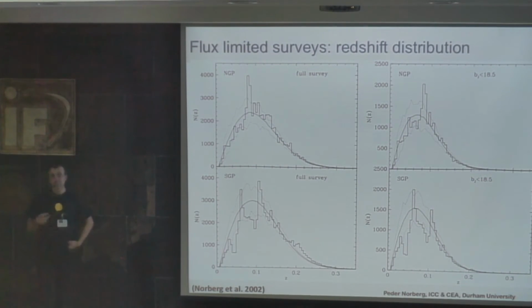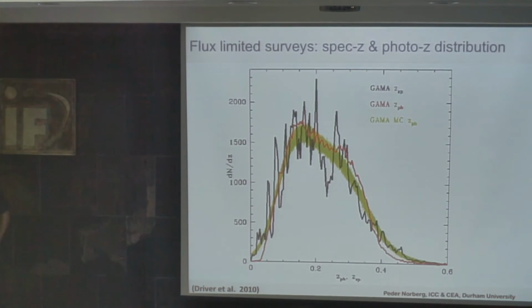You might think, have I modeled this well enough? Is there some systematic in my analysis that I don't know about? Is there a probability of not being able to measure redshift equally well at higher redshift than I had assumed beforehand in my modeling? So these are things you need to always bear in mind.